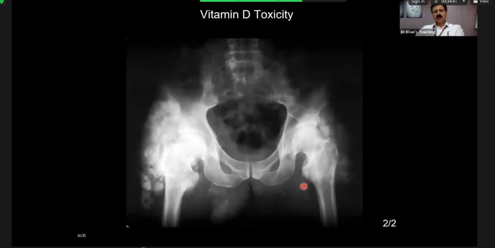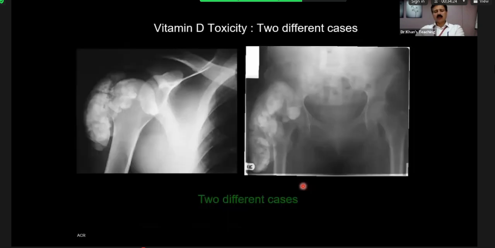One is vitamin D toxicity. Second is renal osteodystrophy, which is secondary hyperparathyroidism. And third is tumoral calcinosis. Tumoral calcinosis, as you have pointed out, will be unilateral. Otherwise, if you find this kind of exuberant calcification, think of these differentials.